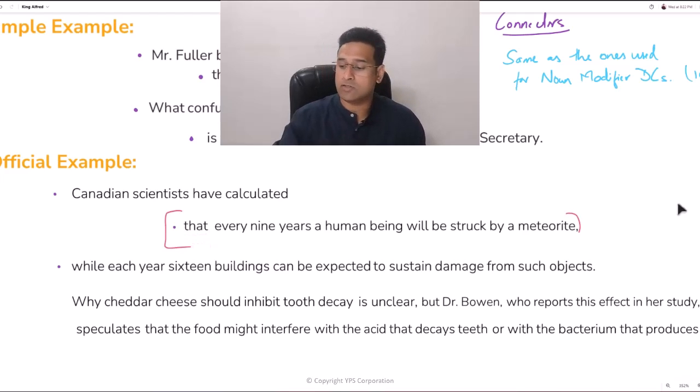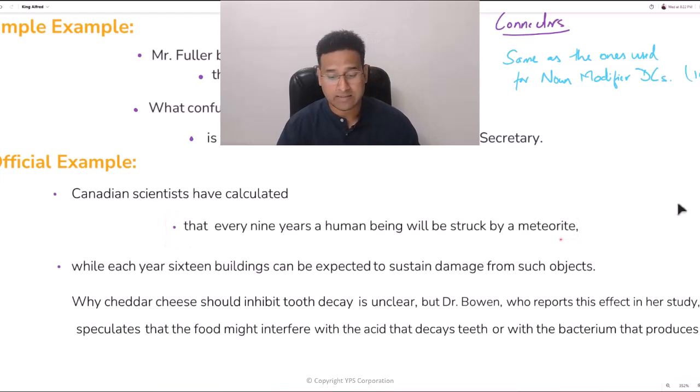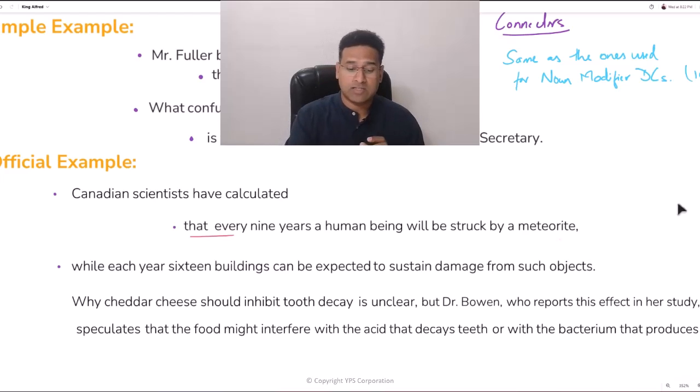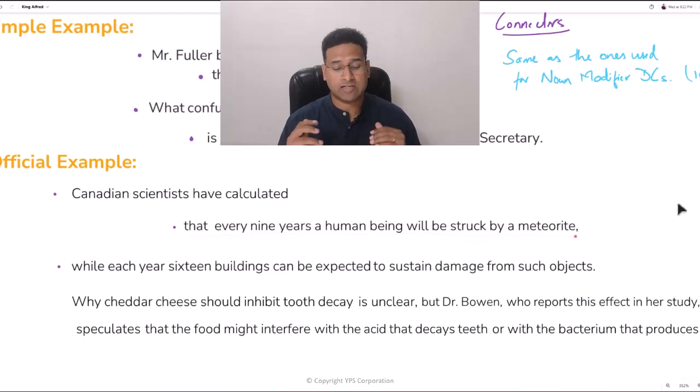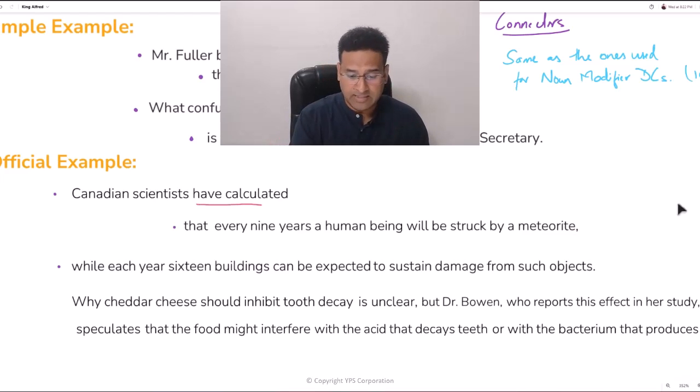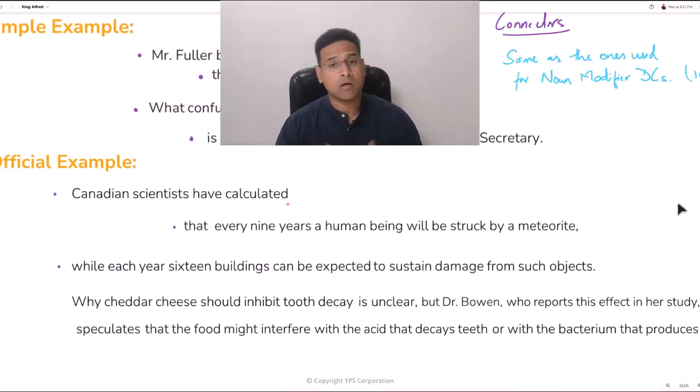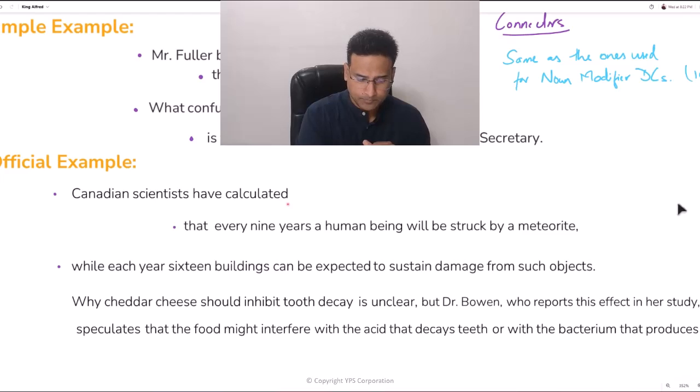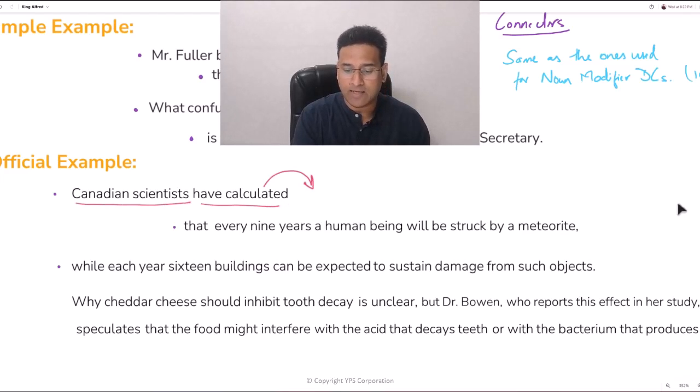Can we call this a clause, everyone? Absolutely yes. Can we call it a dependent clause? Absolutely yes. So this dependent clause is connected to the preceding verb. But in what way? Is it a modifier of calculated or is it the object? Let's check. Canadian scientists have calculated something.